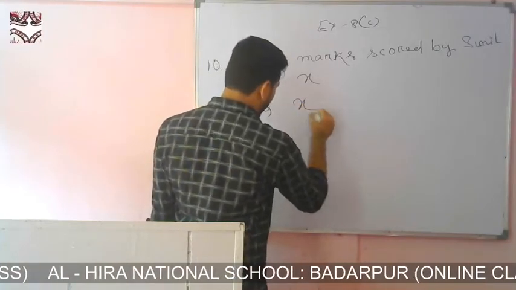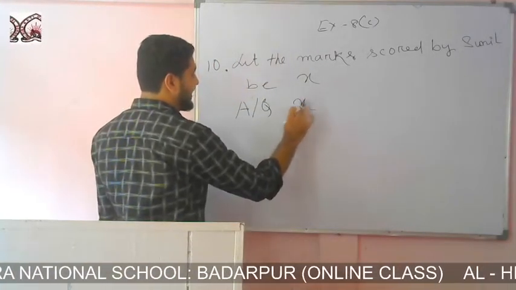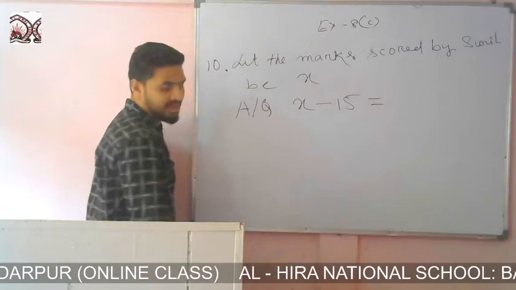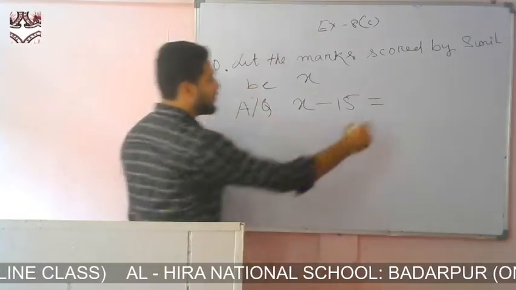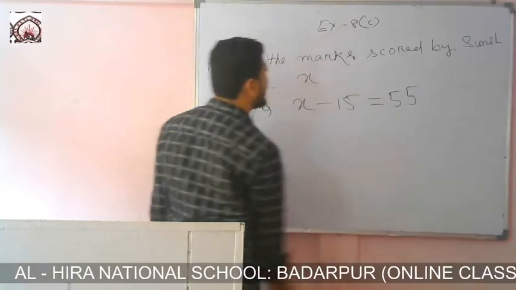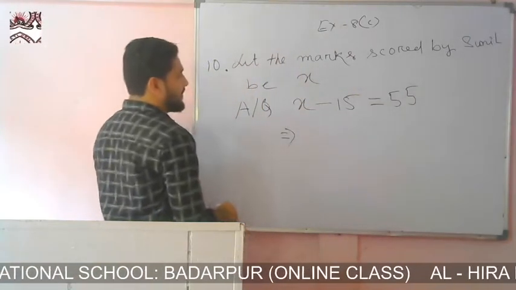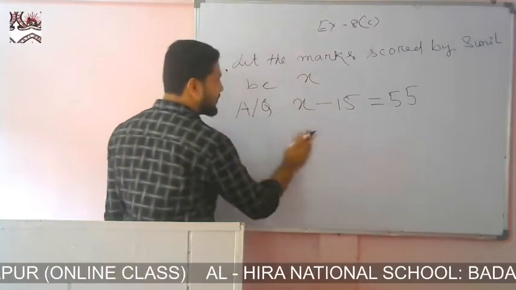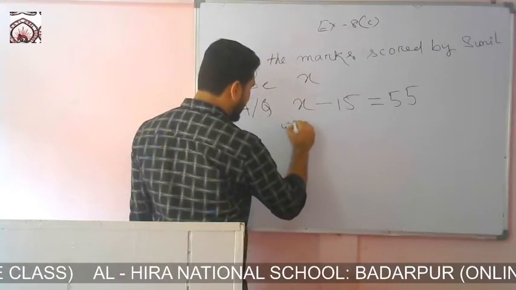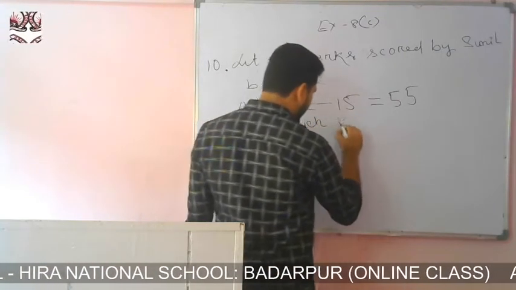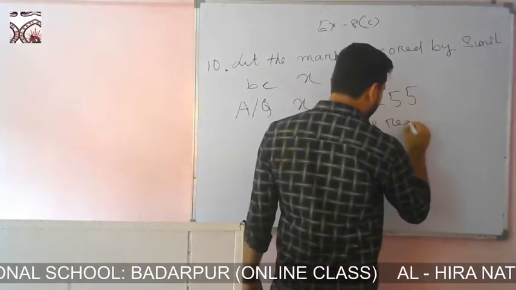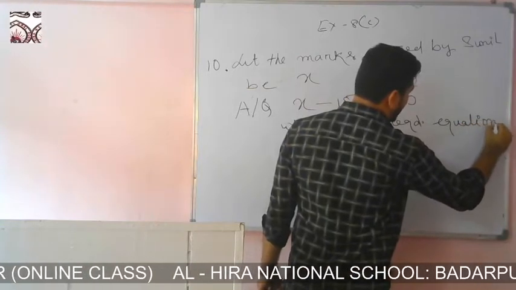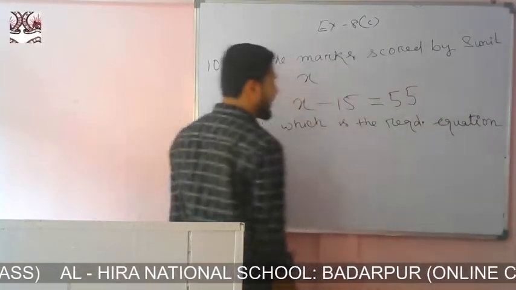That means we let the marks scored by Sunil be x, and 15 less than, so we subtract 15. Then we get 55. Now we have to find the marks scored by Sunil. Write which is the required equation.